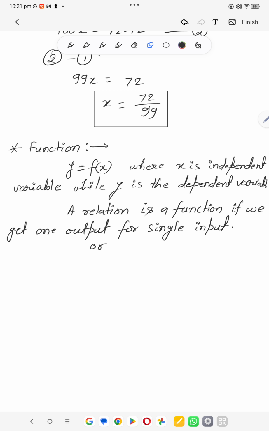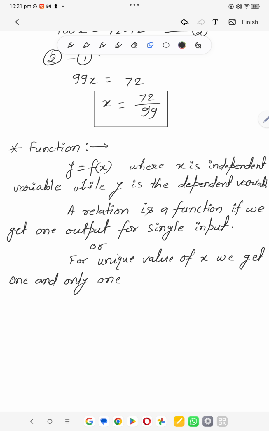In other words, for a unique value of x, we get one and only one value of y.